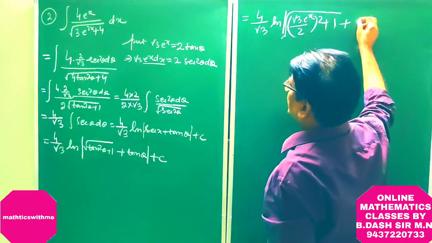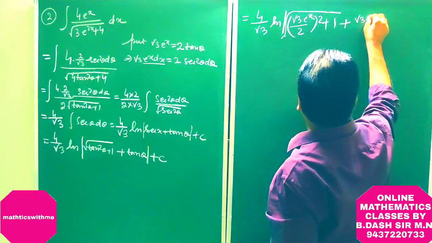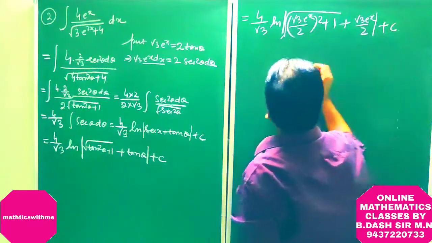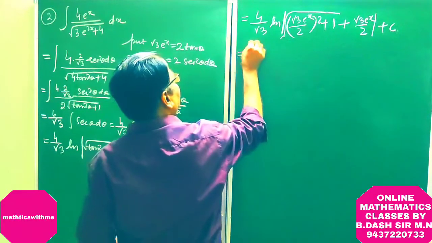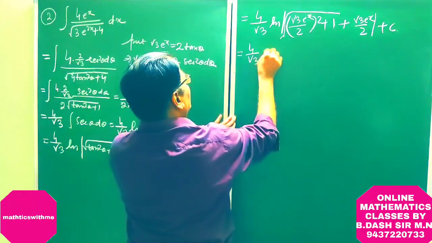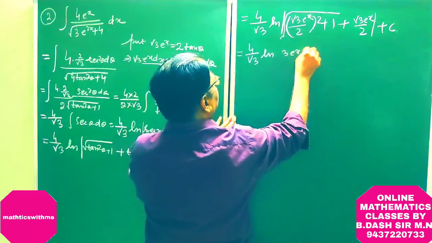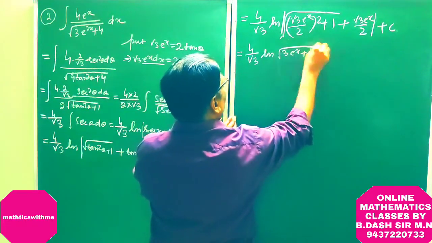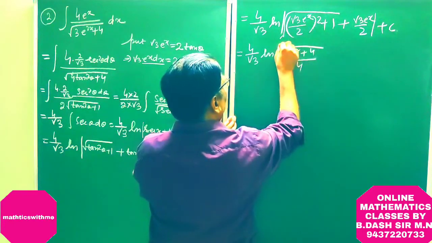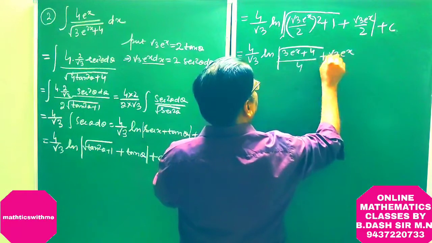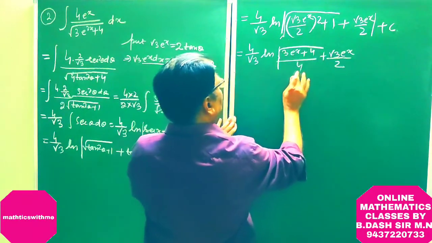Plus tan theta is root 3 e to the power x by 2 plus c. This is equal to 4 by root 3 ln of (3 e to the power x plus 4) whole root over divided by 4 plus root 3 e to the power x divided by 2.